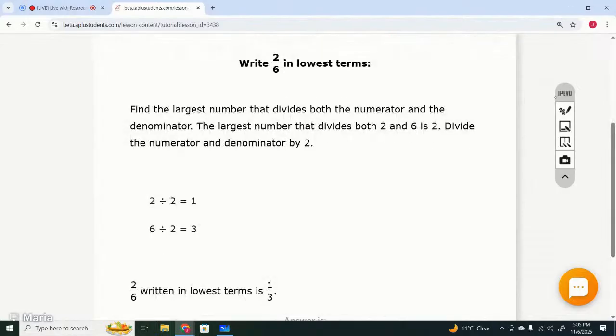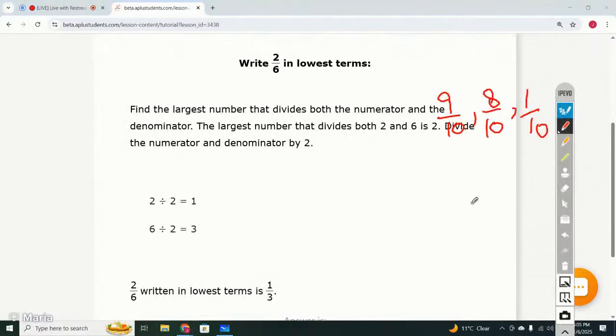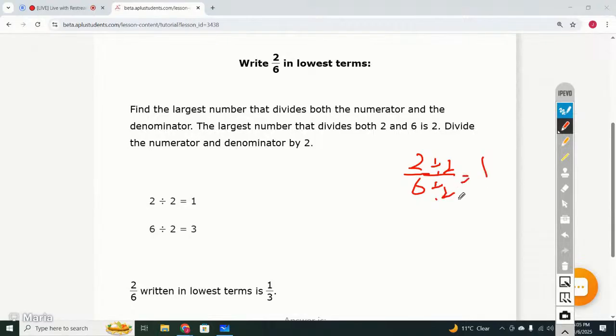So divide both numerator and denominator by 2. Like here is 2 by 6. Divide both of them by 2. So 2 divided by 2 is 1 and 6 divided by 2 is 3. So 2 by 6 written in lowest terms is 1 by 3.